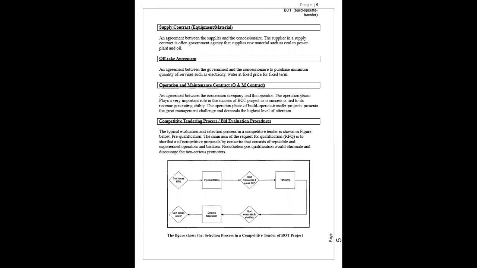Suppose the government has given you 50 kilometers of road work, and it is told to you that you can set up two toll booths on this 50-kilometer road. The contractor has made very good road conditions, so two toll booths have been set up, everything is going well, no problem.